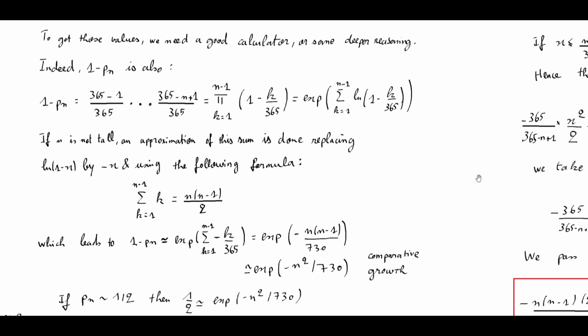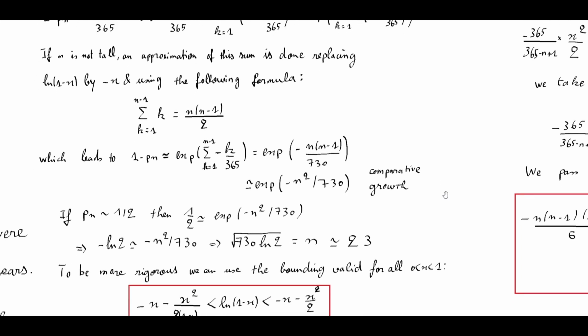The sum of k equals n times n minus 1 over 2, which leads to 1 minus Pn being approximately exponential of minus the sum of k divided by 365, equals exponential of minus n times n minus 1 over 730, which is approximately equal to the exponential of minus n squared divided by 730 by comparative growth.